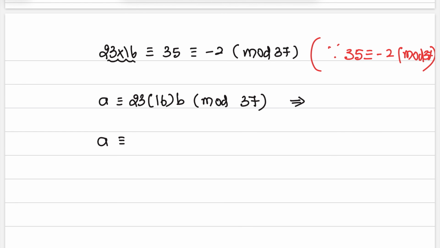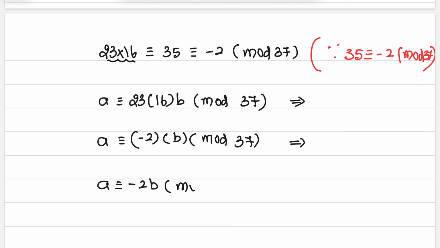Congruent to minus 2 mod 37. Here I can replace 23 into 16 by minus 2. These are all the basics from modular arithmetic. That implies A is congruent to minus 2B mod 37.